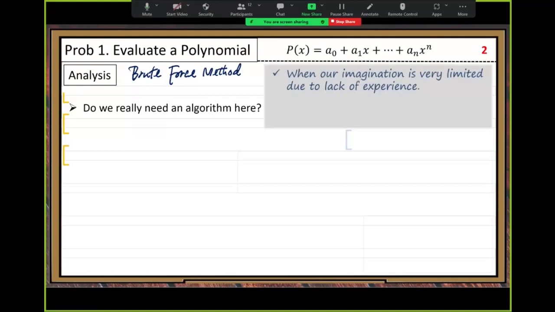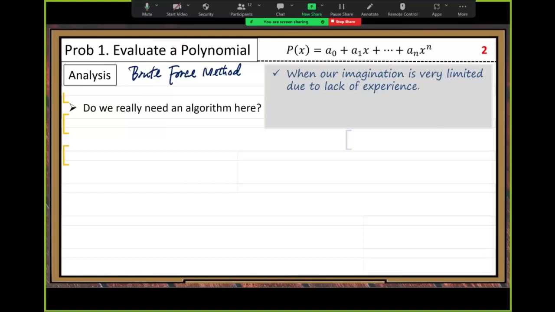All right. So when our imagination is very limited due to lack of experience, at the beginning in problem solving, it's very common we have no idea, right? Because you do not have a good understanding of the given computing problem. You do not know how to get started, right?